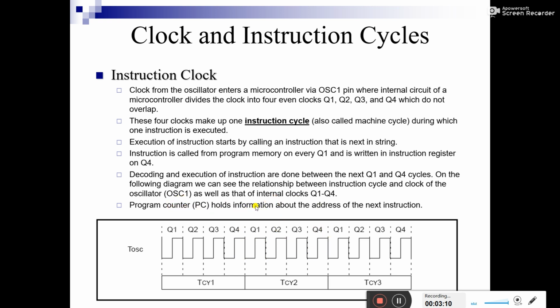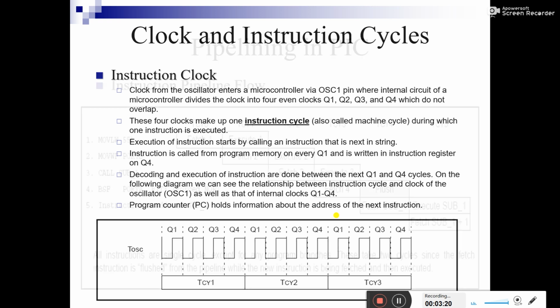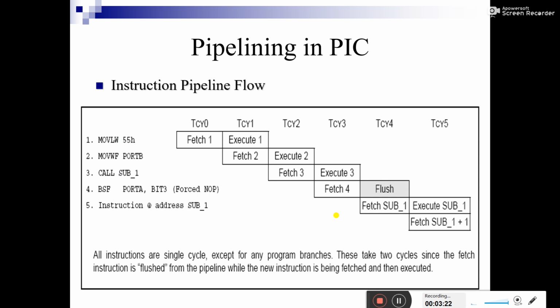The program counter holds the address of the next instruction, and this is the same manner in every microcontroller or microprocessor.